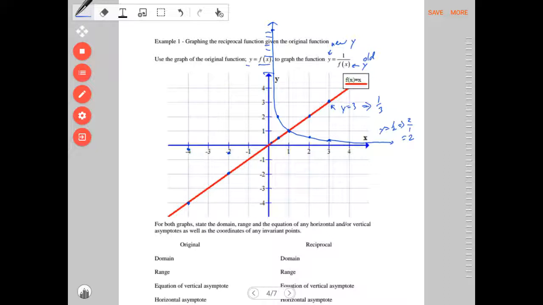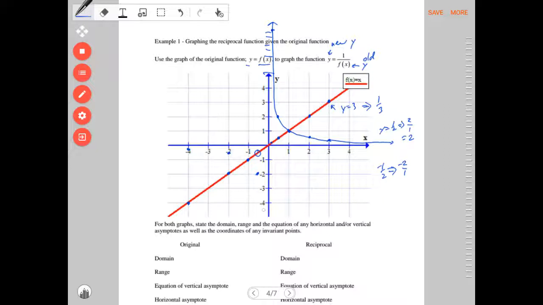It's about there. -1 divided by -1 is the same, it's -1. The y coordinate right about here is about negative 1/2. The reciprocal of negative 1/2 is negative 2/1, so that's just negative 2.